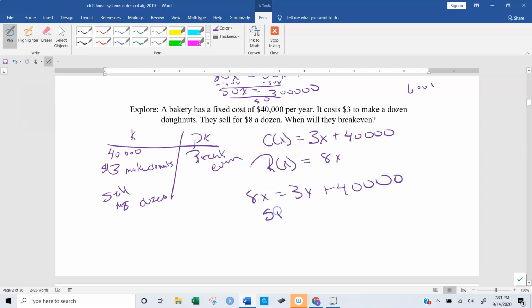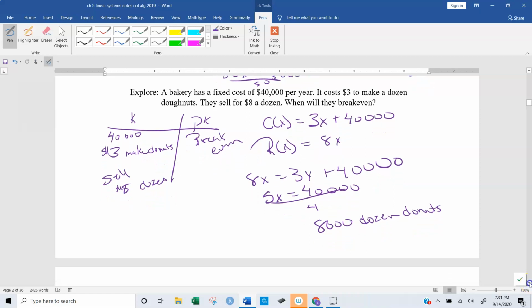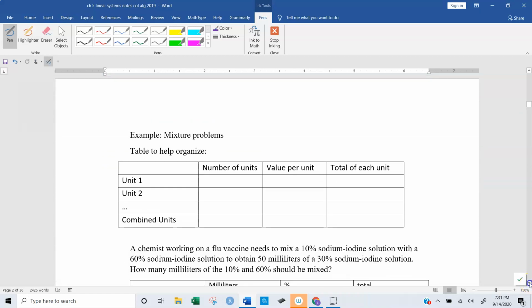Subtract your 3x and divide by 5, and you should get 8,000. So you got to make 8,000 dozen donuts. That sounds really funny. But you got to sell 8,000 dozen donuts in order to break even. So 8,001 is when you finally make money.